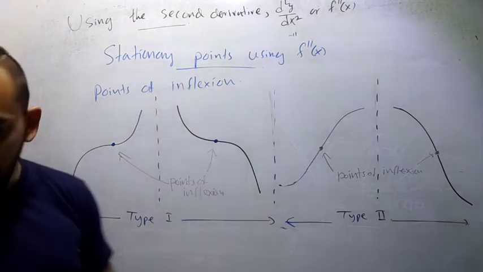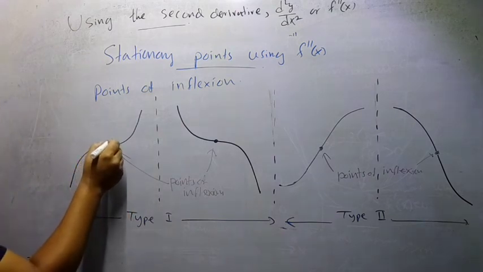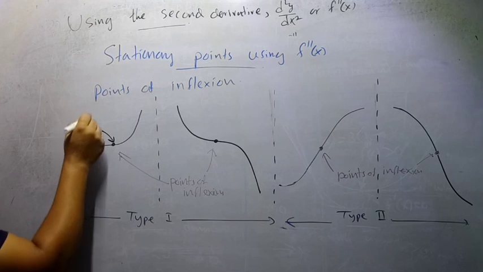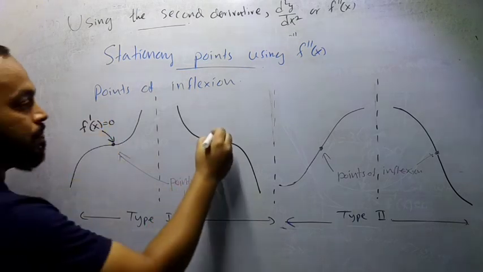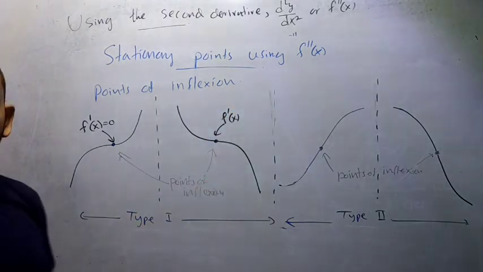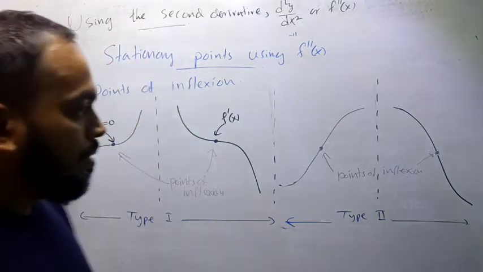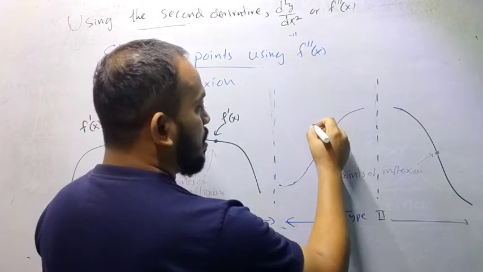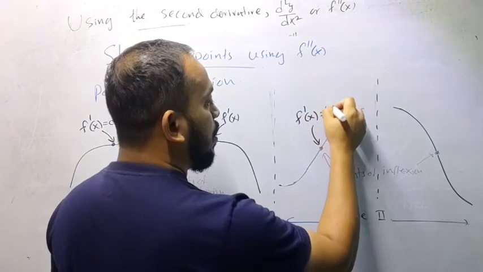So what happens at these 2 points? Here you know that f prime of x is 0. These 2 can be determined using the first derivative test. What about these 2 points? At these 2 points, f prime of x is not equal to 0.